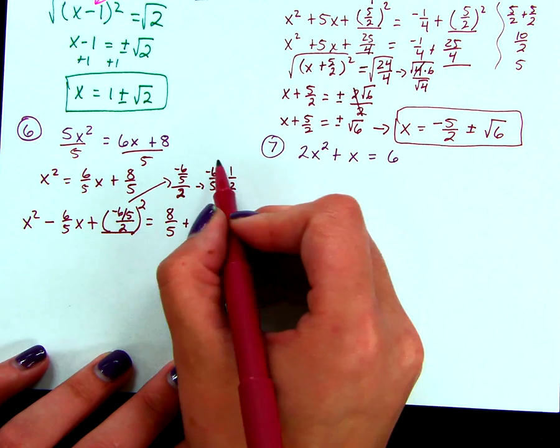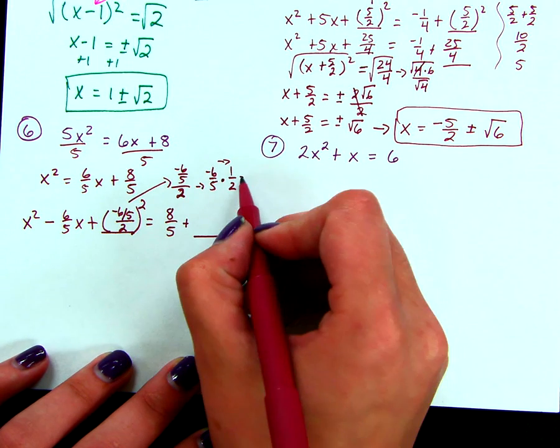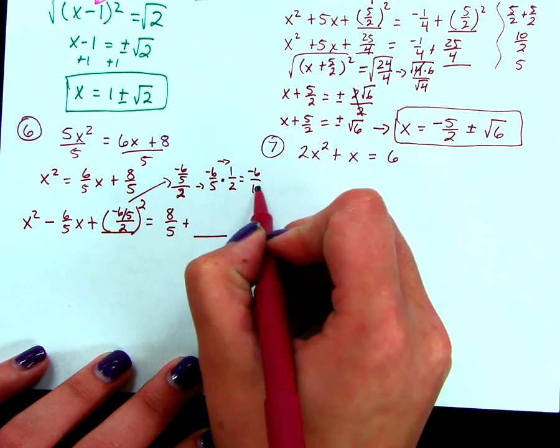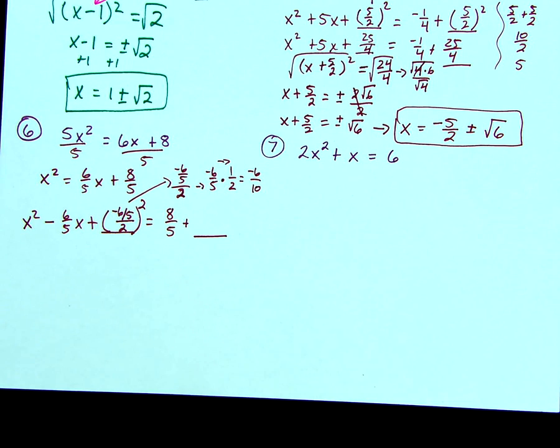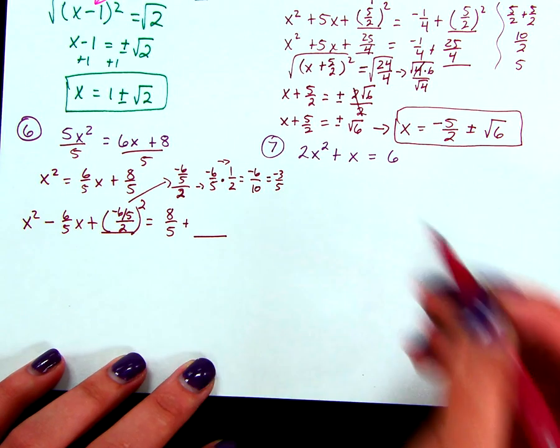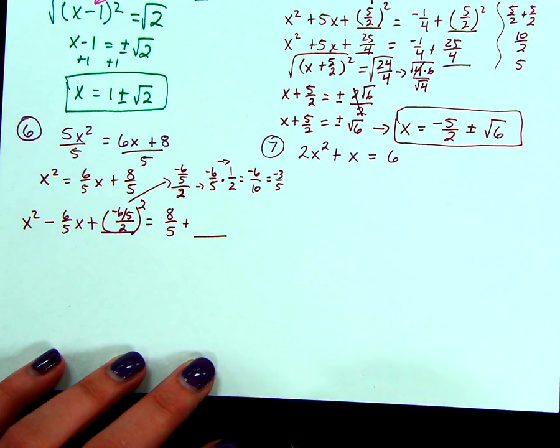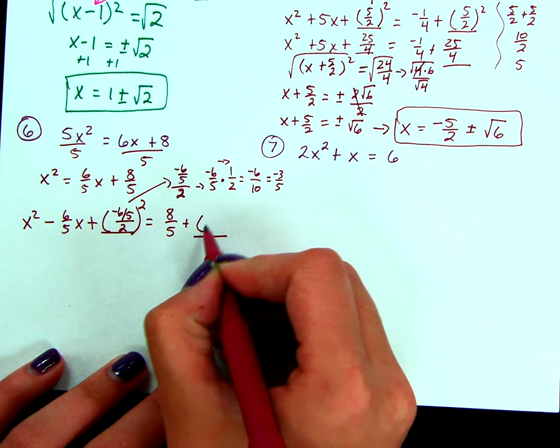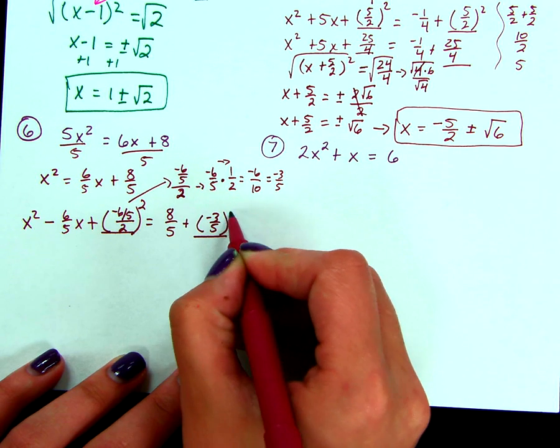Then we multiply straight across. This becomes negative 6/10, which I can further reduce to negative 3/5. On this side, I'm going to write that one: negative 3 divided by 5, squared.